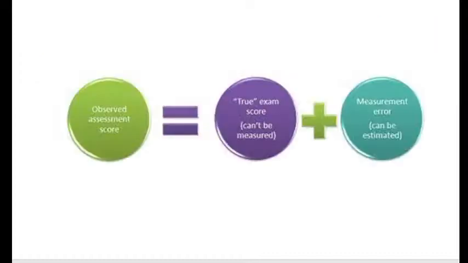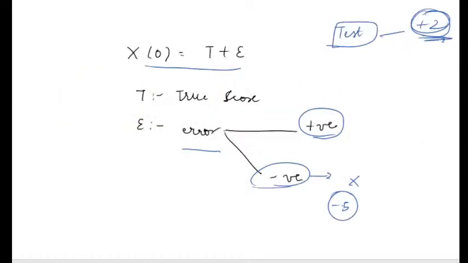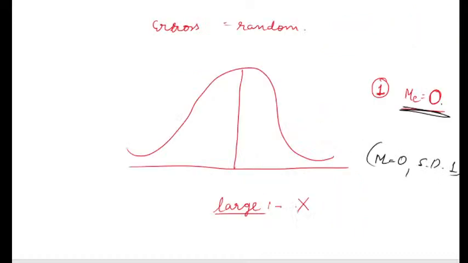It conceptualizes that the observed score on any measurement, any attribute, is made up of the true score of the person, the true ability of the person, and the error committed by that person. It can be systematic or random, and it can be positive or negative in nature. The error would be randomly distributed, the mean would be 0, and the standard deviation would be 1.